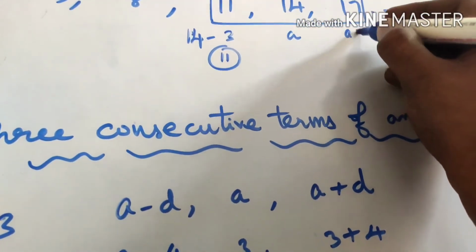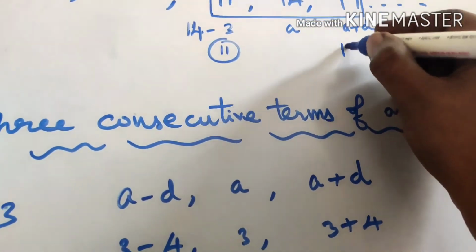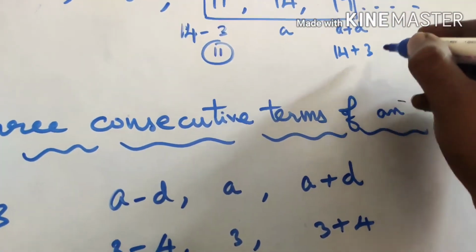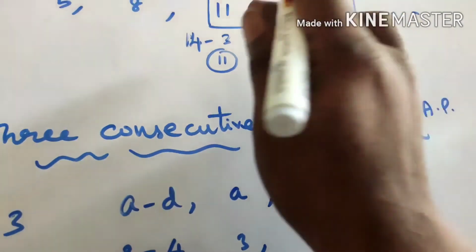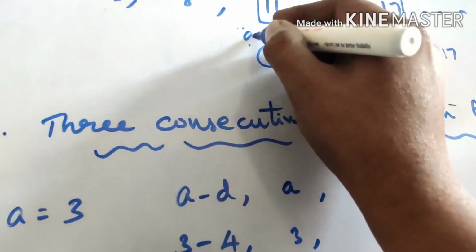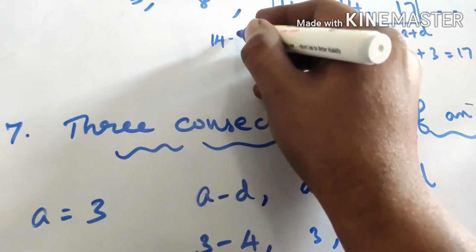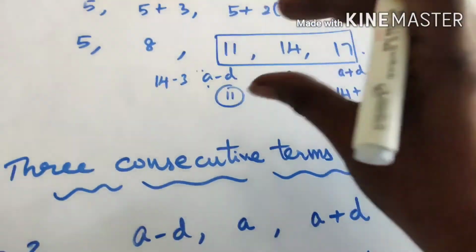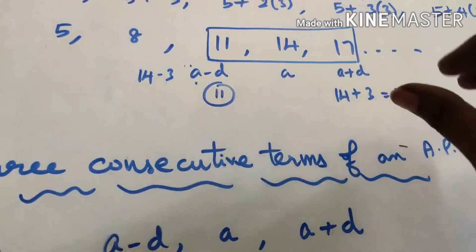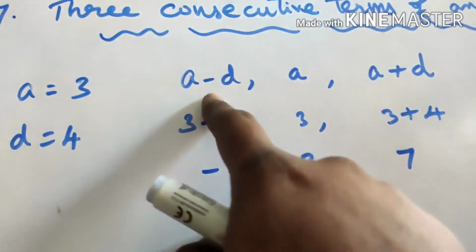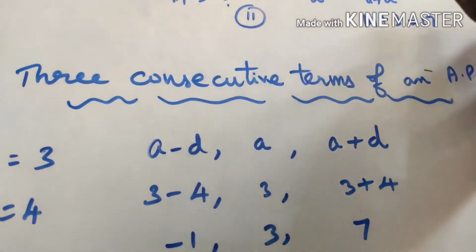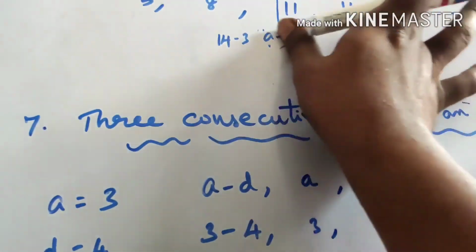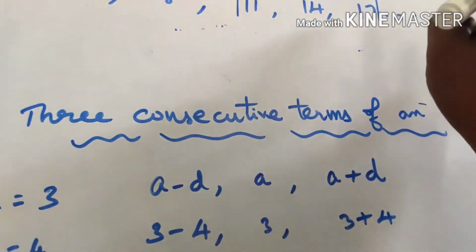And this will be in the form a plus d, that means 14 plus 3, you are getting 17. So this is the a minus d form, 14 minus 3. Any three consecutive terms in an AP will be in this form only: a minus d, a, a plus d. Clear? So this is three consecutive terms.